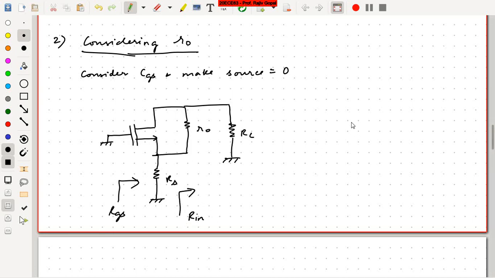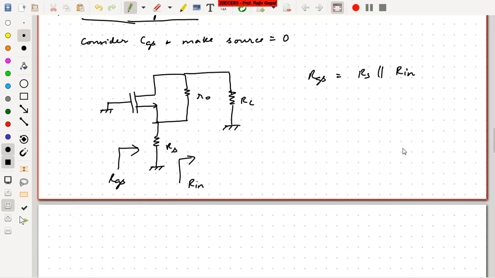Here I see only two impedances: one is RS, which is in parallel with RN. That's it, nothing else. RGS is equal to RS parallel RN.